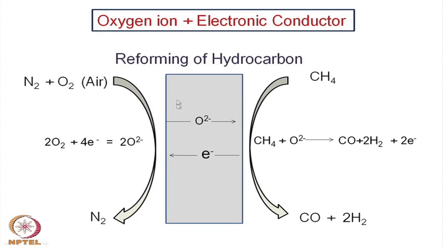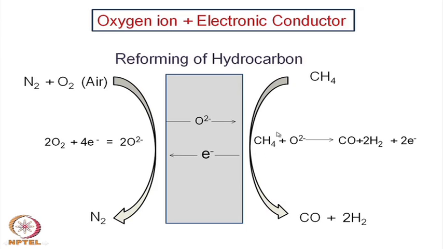Now, one can imagine what kind of reforming of hydrocarbons can take place. Once again, taking CH4 as the hydrocarbon example. On this side hydrocarbon is flowing, and once it comes in contact with this at a relatively high temperature, some catalyst may be required for its ionization and so on.